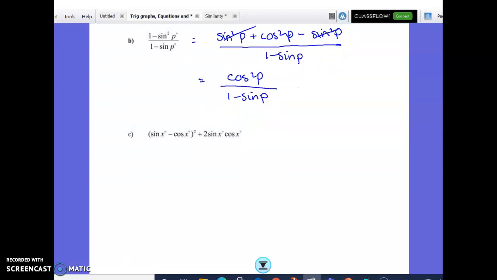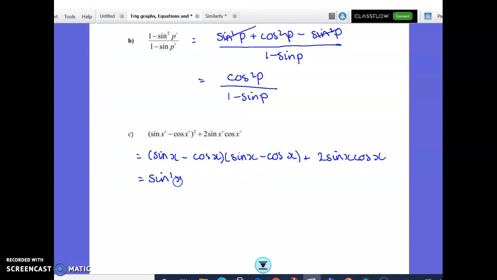C, I've got sine x minus cos x all squared plus 2 sine x cos x. I'm going to start by multiplying out the brackets. I'll do this just using FOIL. I'll write out my 2 brackets. If you can square the quick way, then square the quick way. Saves you some writing.